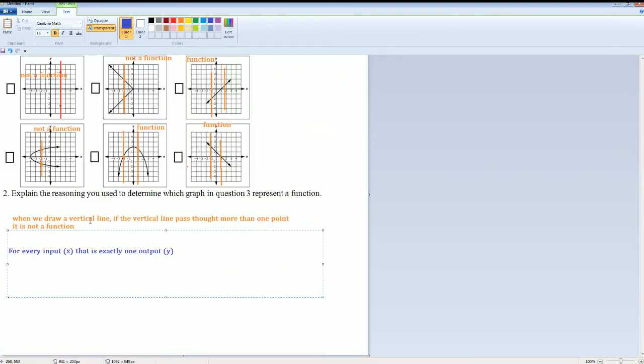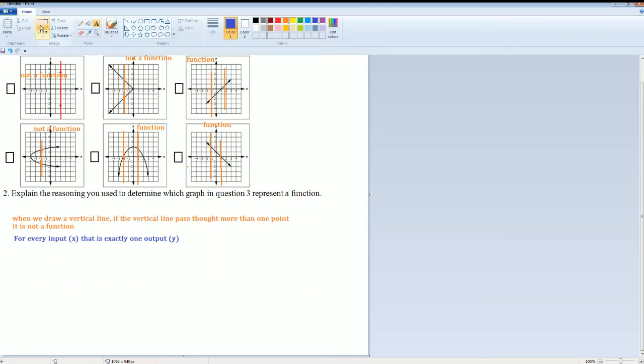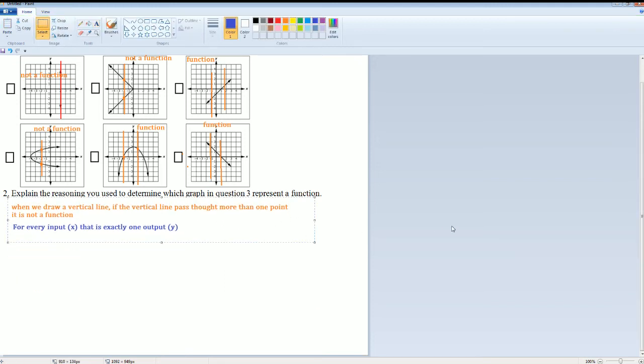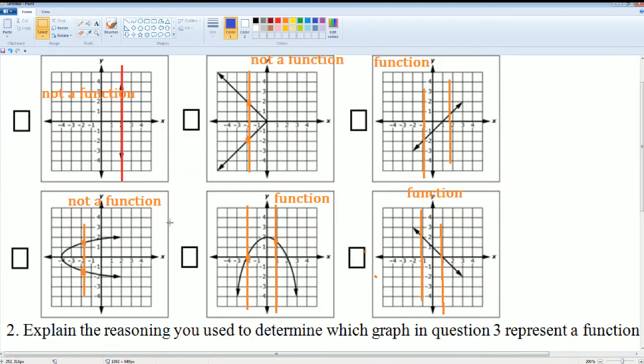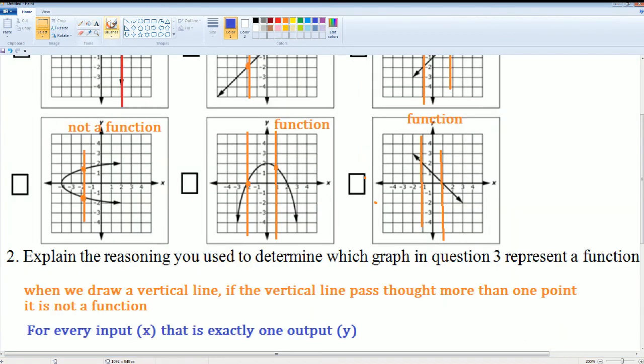Let me use this one for an example. So the point here, x is -2, and the y was -2. Here, x is also -2, but y is +2.